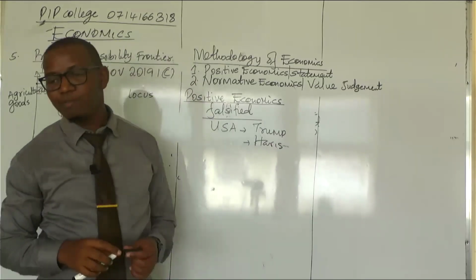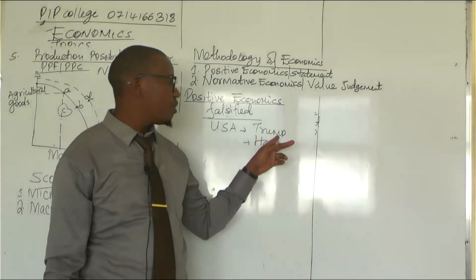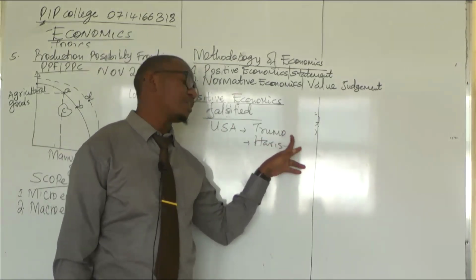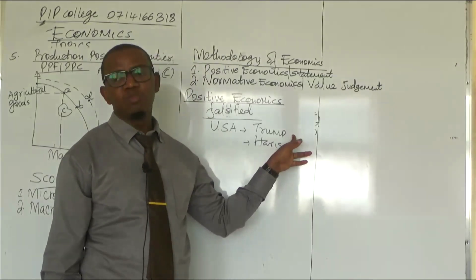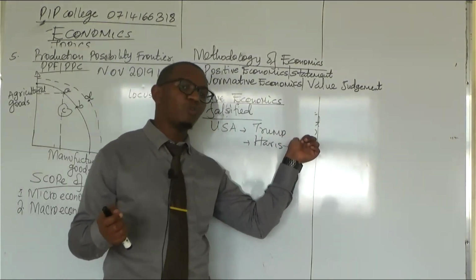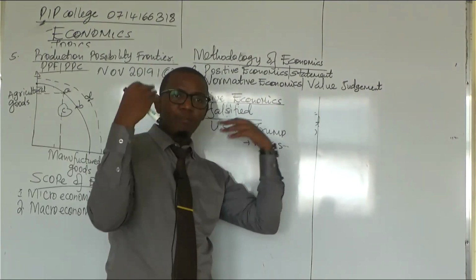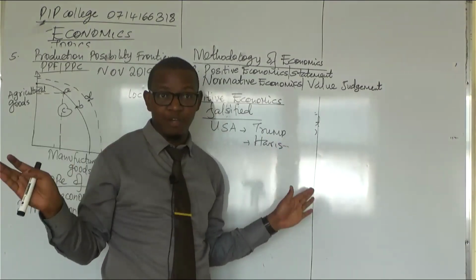Now, based on the people's opinion during those times, kuna wenye walikuwa wanasema Harris atashinda, kuna wenye walikuwa wanasema Trump anashinda. Those are people's opinion, but generally the fact was that Trump is the one who won. So we are talking about the basis of information before the actualization of that thing.